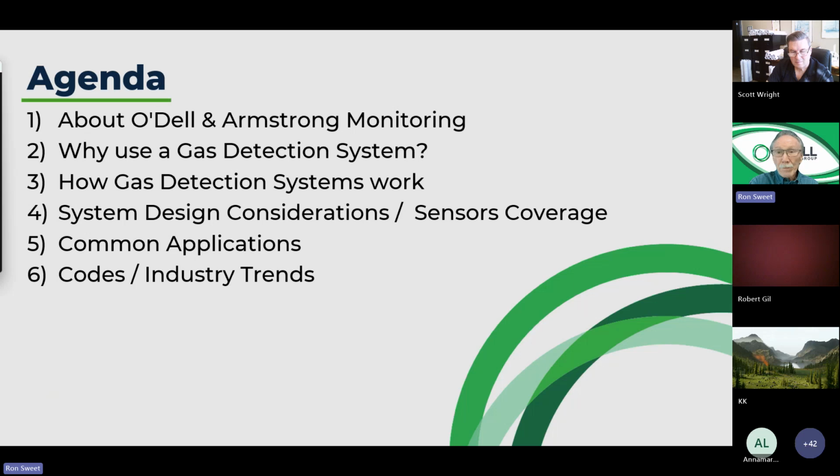And then we'll get into why we use a gas detection system, how a gas detection system works, system design considerations, including sensor coverage, some common applications, and current codes and industry trends.